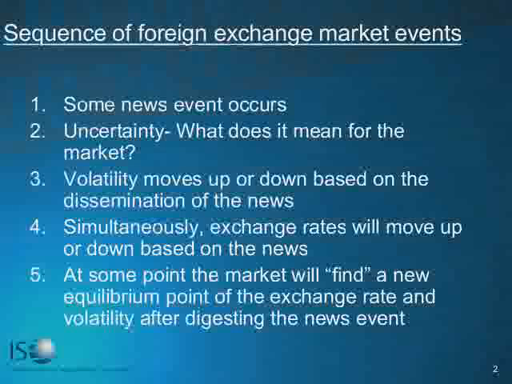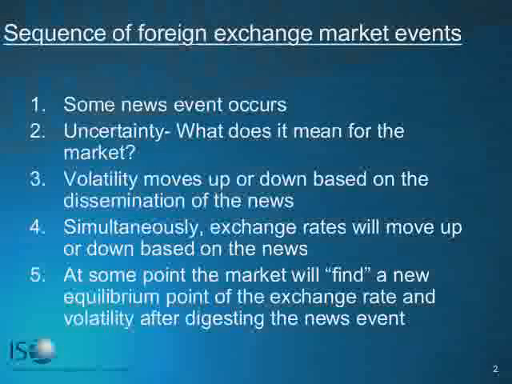So what happens each and every day in the FX market? Well, we're seeing news coming out each and every day. The Japanese market, Asian, I know Japan's down quite a bit already as I speak, but the futures in the United States are about unchanged, so we'll see how that all plays out. But we have a sequence of events: some news occurs, then we always have uncertainty. What does it mean for the market?